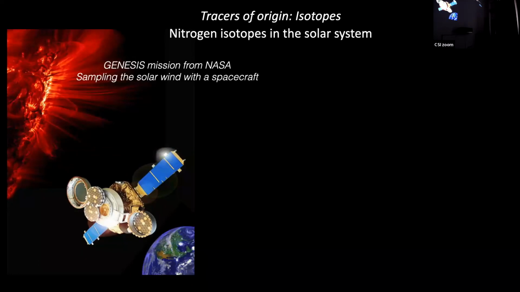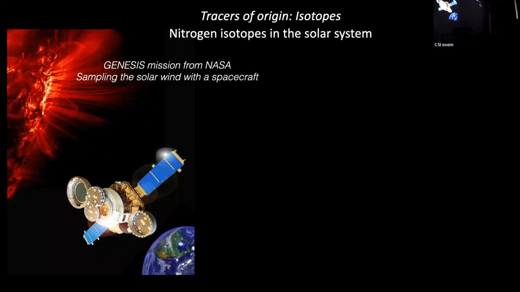And it became clear, in fact, thanks to another space mission that we call Genesis. That was a mission from NASA, which sent a spacecraft to the Lagrange point L1, I think. It stayed there for 3 years, collecting ions emitted by the sun in the solar wind.